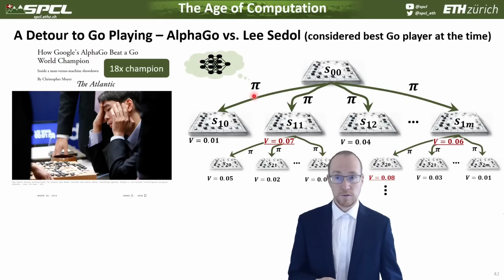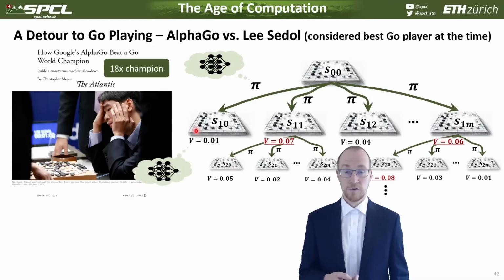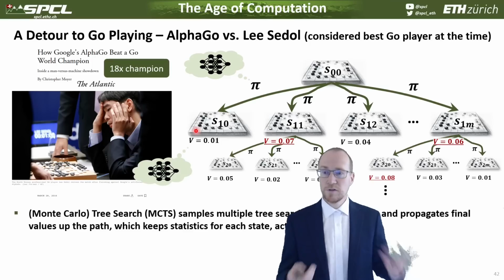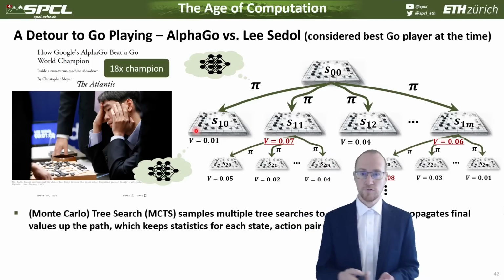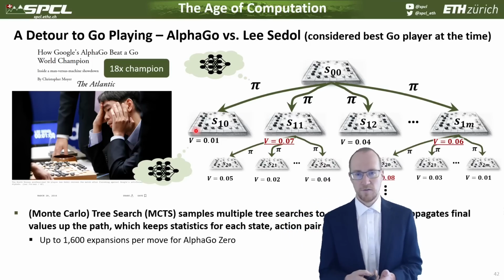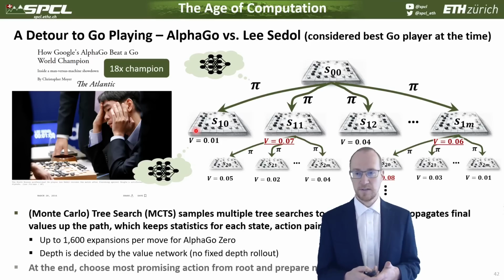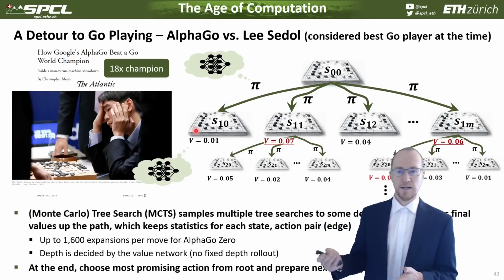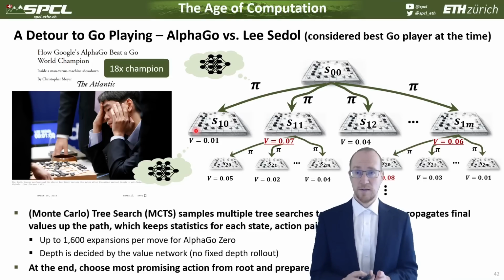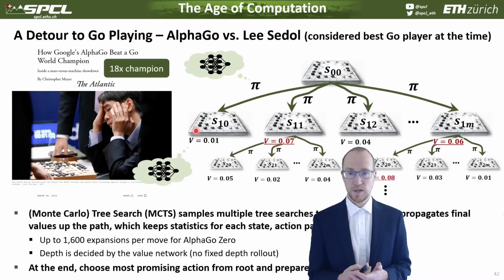So the breakthrough with AlphaGo was that we used a neural network as the policy function and a neural network as the value function. A very simple neural network together with Monte Carlo tree search. This network was actually relatively cheap to evaluate, so we could run 1600 expansions per move, and the depth is decided dynamically. So at the end, it actually turned out that AlphaGo was not the best result based on human input.